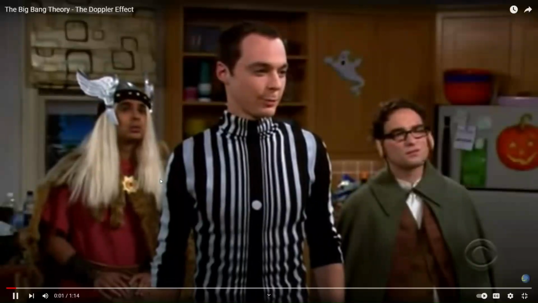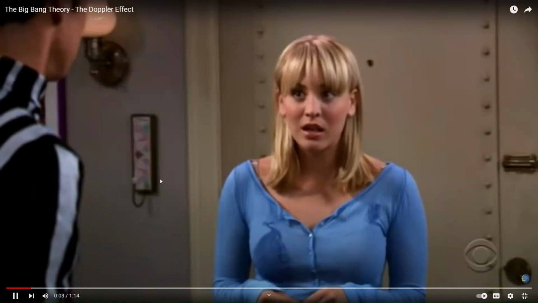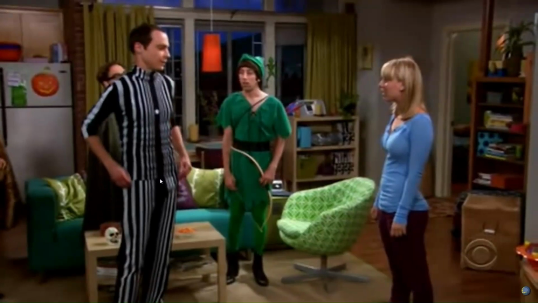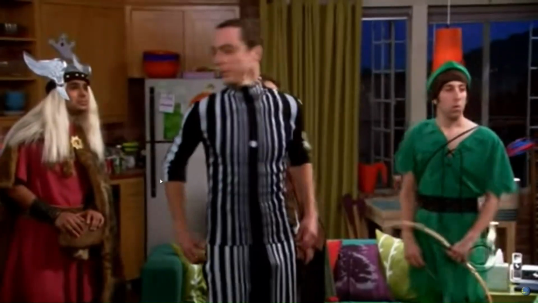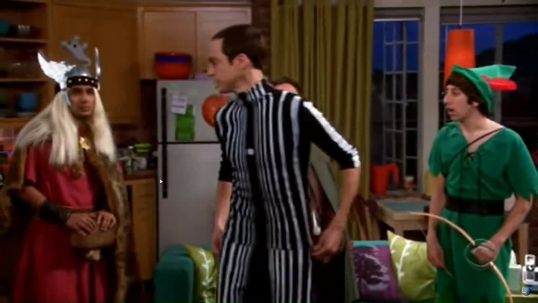So what time does the costume parade start? The parade? Yeah, so the judges can give out the prizes for best costume. Most frightening, most authentic, most accurate visualization of a scientific principle. Oh, Sheldon, I'm sorry, but there aren't going to be any parades or judges or prizes. This party is just going to suck.